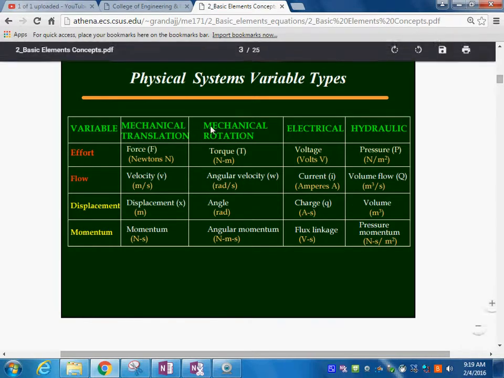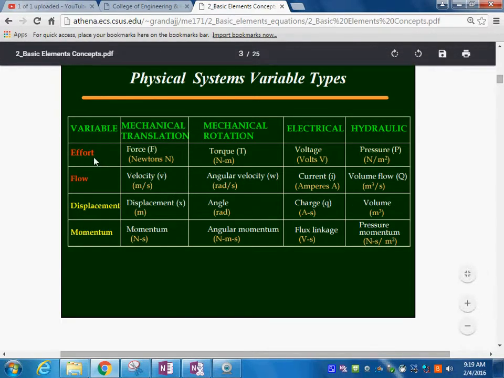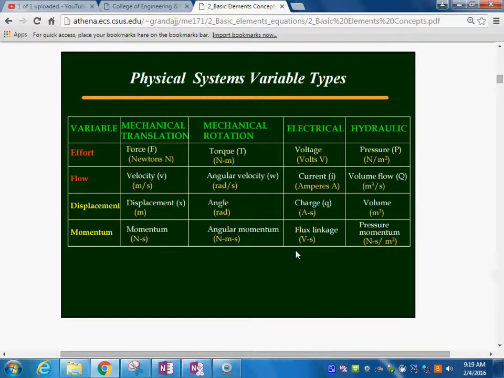However, when we talk about effort, it can be any of these. When we talk about flows, it could be any of these. Displacement, any of these, and momentum, any of these. So that means that by using these four variables, we can actually generalize the concept across energy domains.